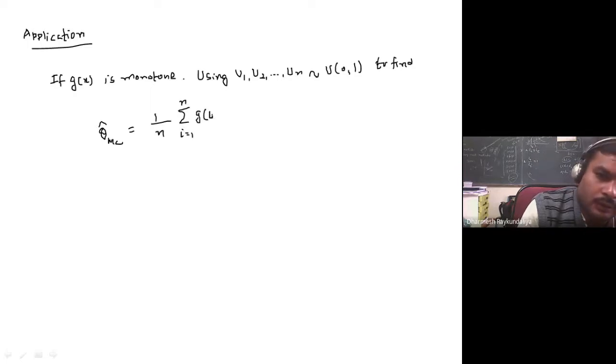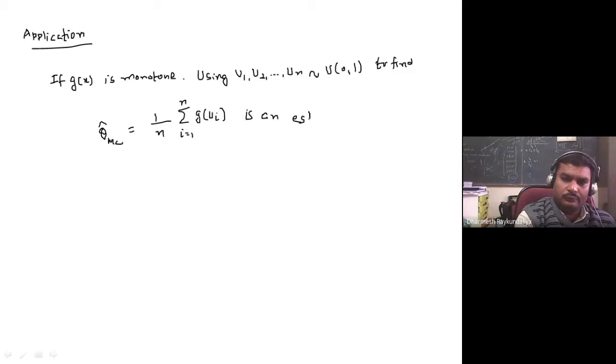So where x was, you wrote G of ui. And this theta MC is an estimate of theta, and what is theta? Theta is nothing but the integral from 0 to 1 of g(x) dx.